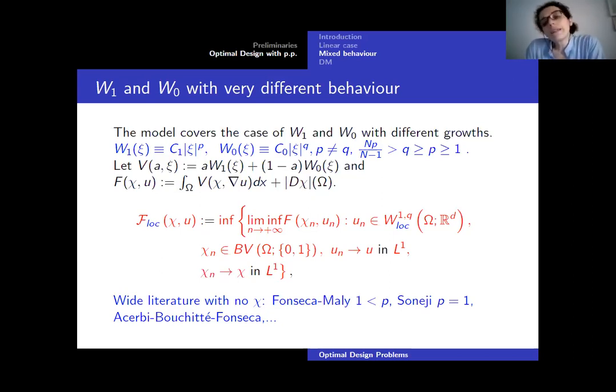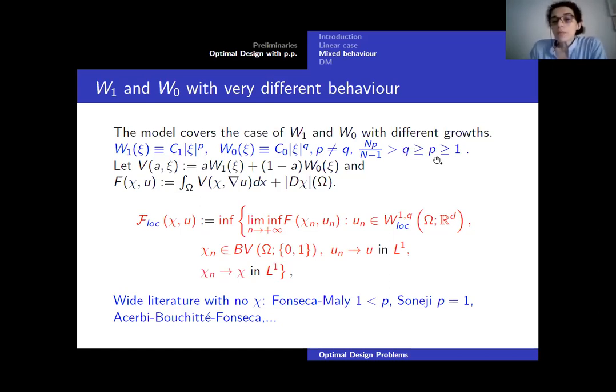And the point is that such an energy is for sure finite if we take the field u to be in W^{1,q}, and here I'm assuming q to be greater than p.